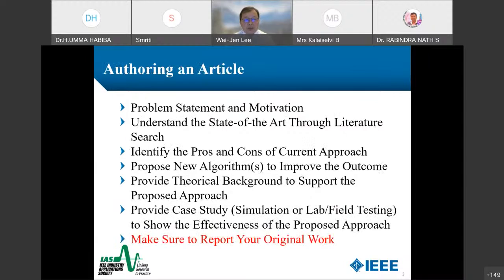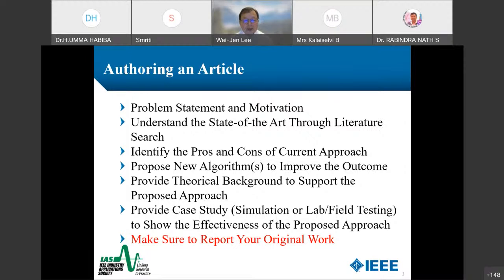When you try to author an article, the first thing is to look at your problem statement. What kind of problem are you trying to solve, and what is the motivation? How important is the problem to your research field? And then, as Professor Hima mentioned, you have to understand the state of the art through the literature search, because you don't want to reinvent the wheel.